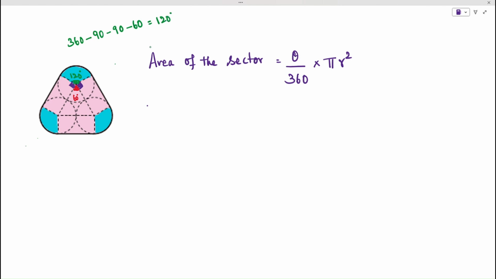So we can substitute that into our equation here, along with our radius having the length 4. So we have 120 over 360 times pi times 4 squared. And so this should give us 16 over 3 pi.